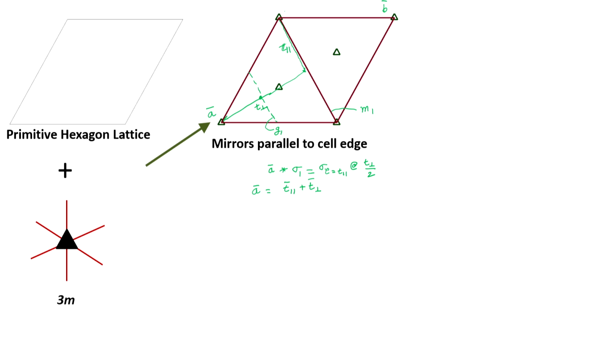Now, consider another situation where I take the reflection operation again, followed up. Let us not take mirror plane 1 now, let us take a different mirror.